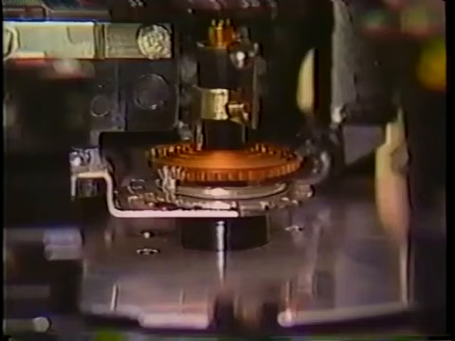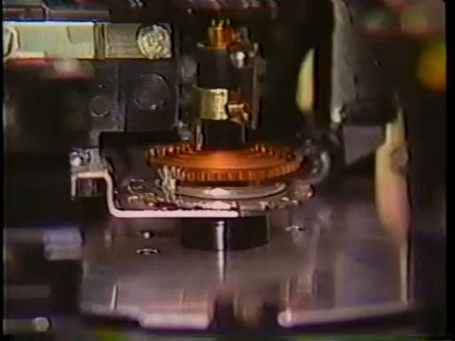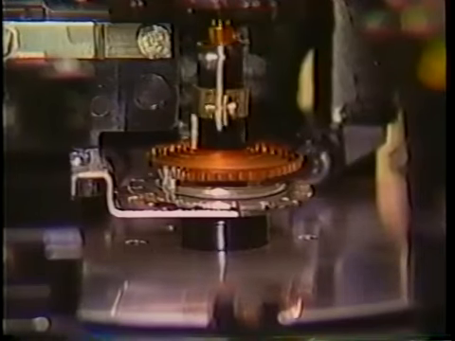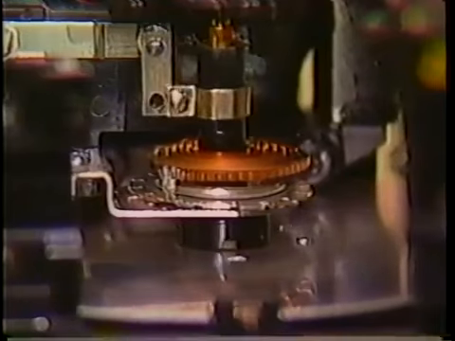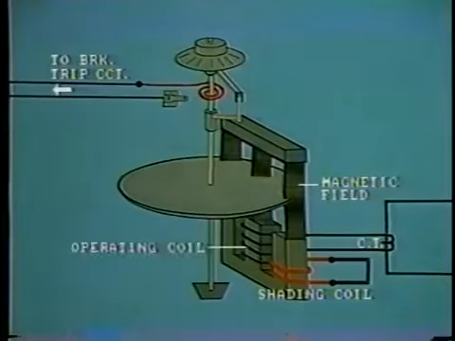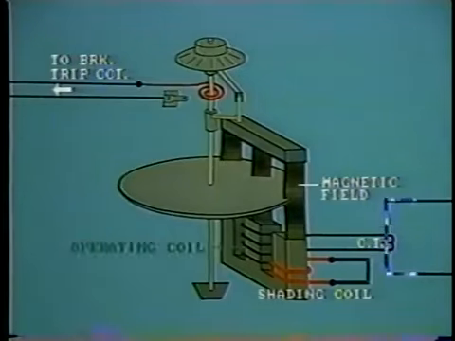The disc is normally held stationary by a retaining spring. Only when there is sufficient current passing through the operating coil will the disc start to move. That is the pickup level. Remember, the magnitude of current in the operating coil is proportional to the primary current along the feeder which we are protecting.